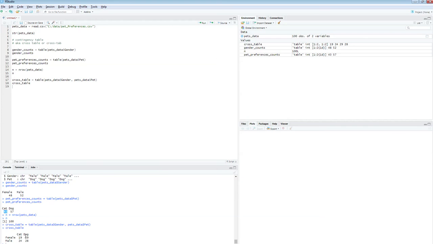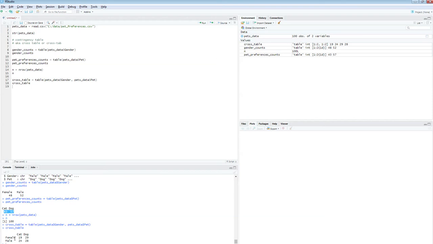And dogs, 29 people who like dogs were females, and 28 in my sample were males. If you add them together, you're going to get 57, right? And there you go. Okay, so essentially this table contains more details. I can still get the same information, the breakdown between males and females and cat and dog people, but it also tells me how exactly females are structured in terms of preferences, cats and dogs, and the same thing about males.